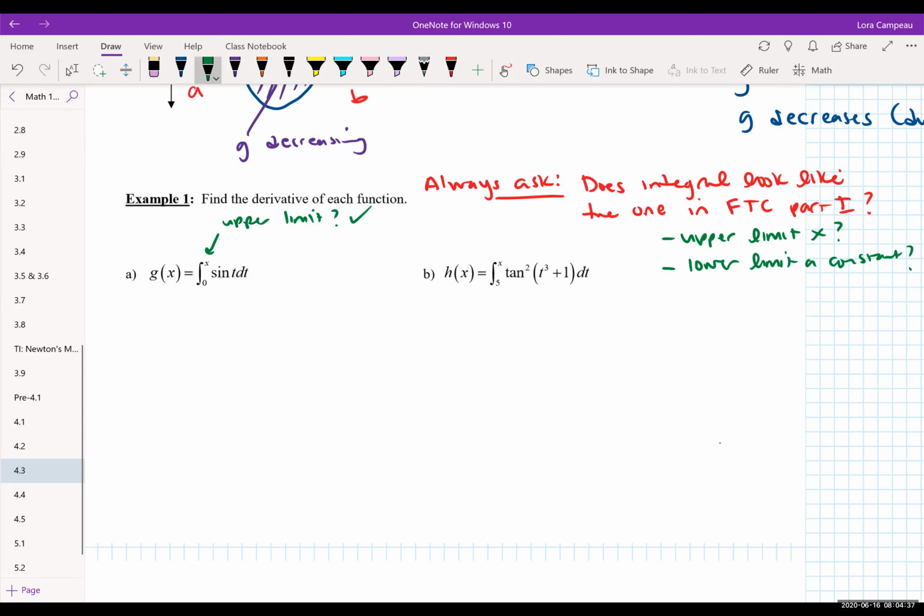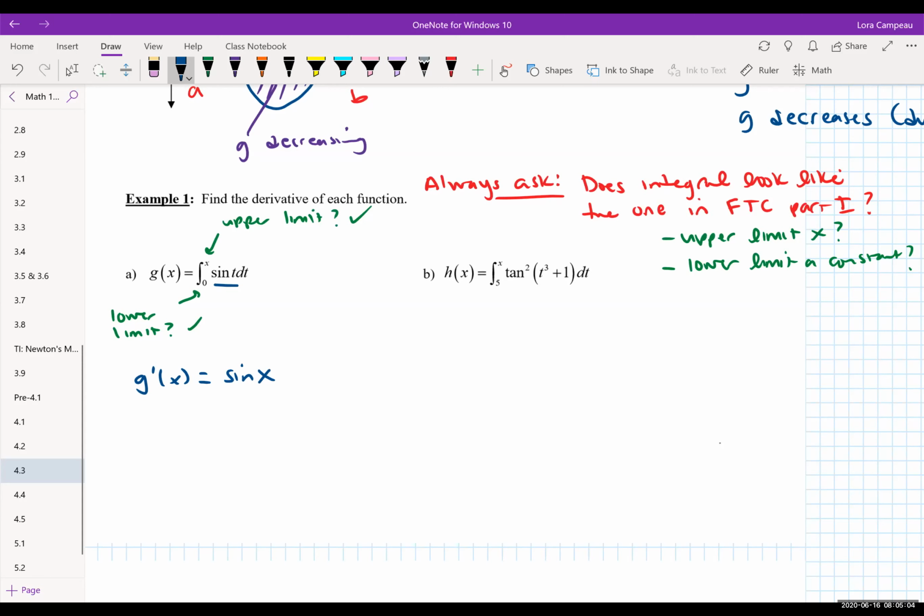Check. Is the lower limit a constant? Check. So if that is the case, when you want to take this derivative, g prime x, you just pull out the integrand, the function on the inside, but you use the x variable, not t. It's as nice as that.